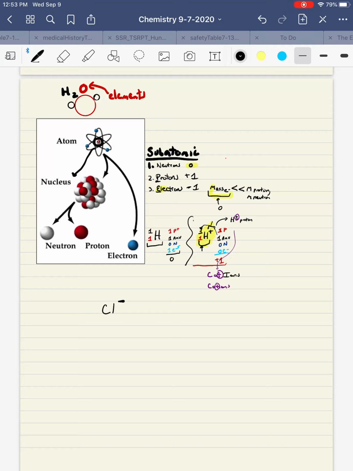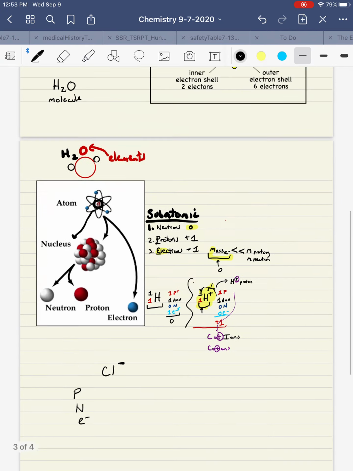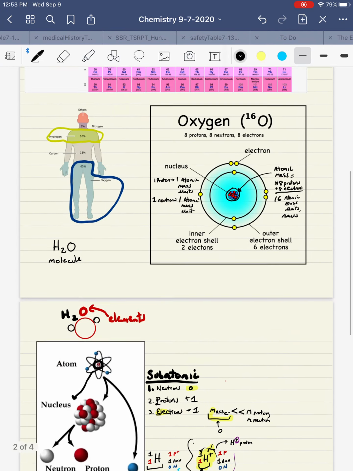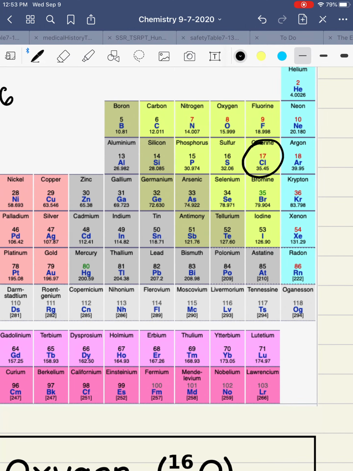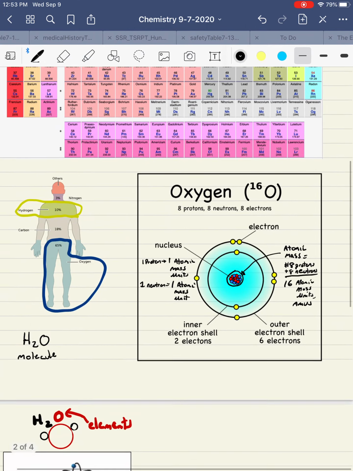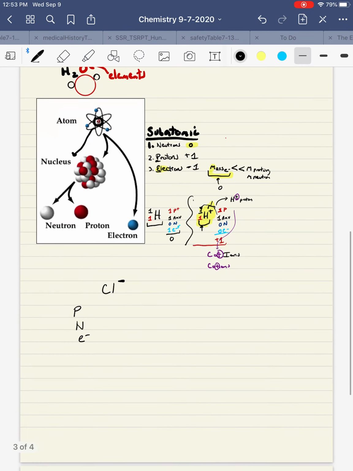So based on this diagram, how many protons do we see? How many neutrons do you see? And how many electrons are there? I want you to figure that out. Pause the video. So if we go over there, the easiest thing you could do is say, oh, chlorine, 17 protons, because that dictates the element. So 17 protons.